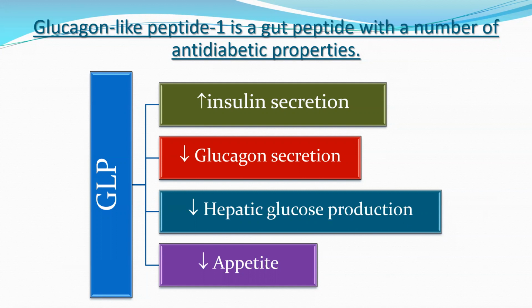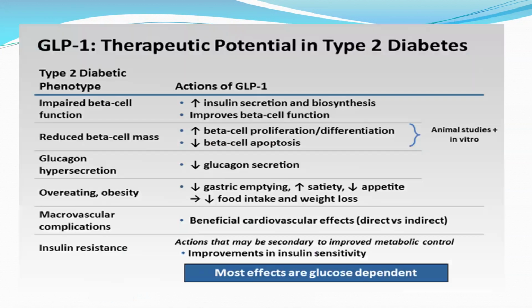So actually the incretins, or glucagon-like peptide, have fantastic effects to control the blood sugar. From here came the idea of utilizing glucagon-like peptide as a line of management of diabetes, including its therapeutic potential in managing diabetes.